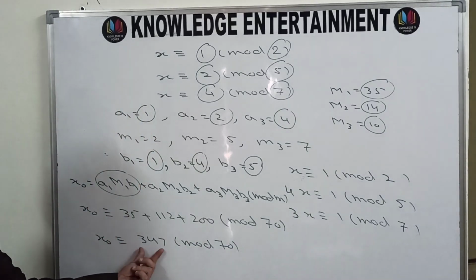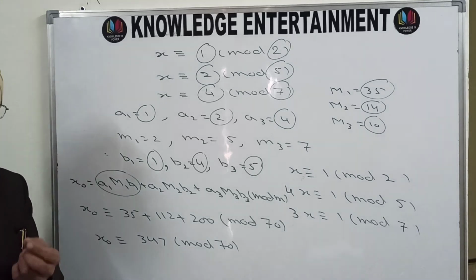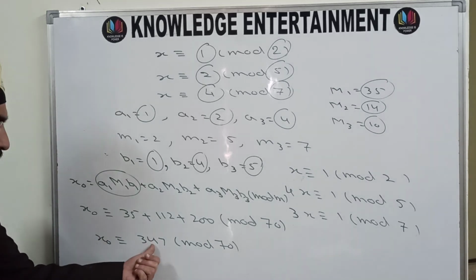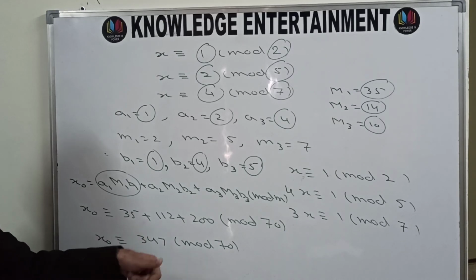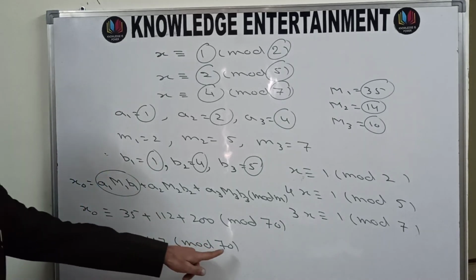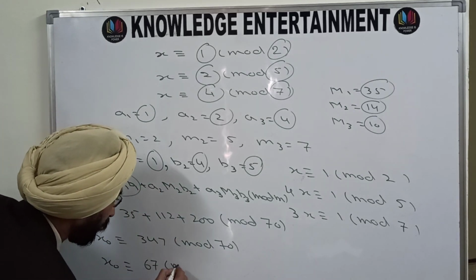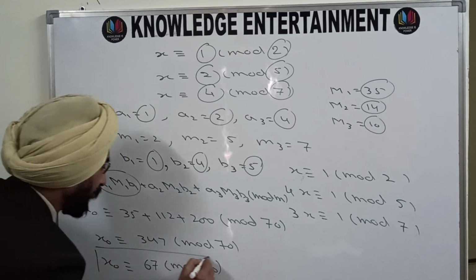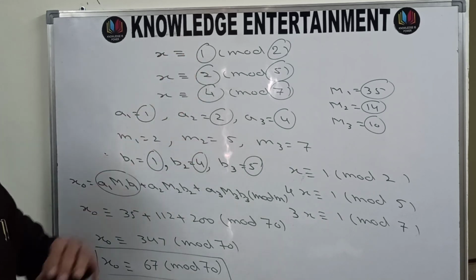To find the least positive solution, divide 347 by 70 and replace 347 by the remainder. If you divide 347 by 70, the remainder will be 67. So 67 modulo 70 is the unique solution of this system of linear congruences.